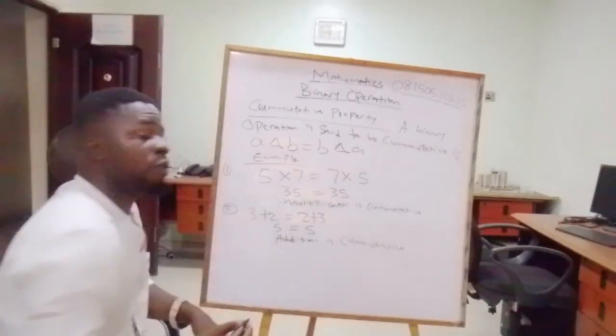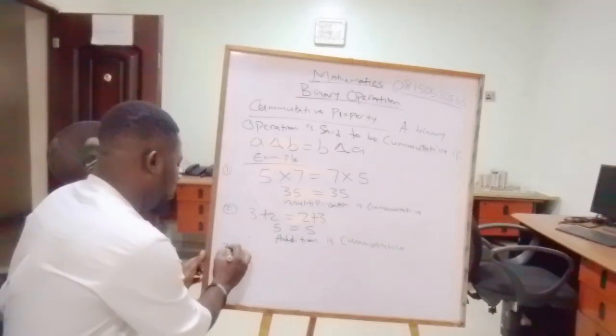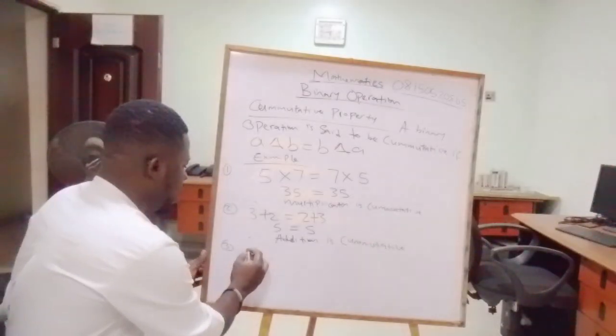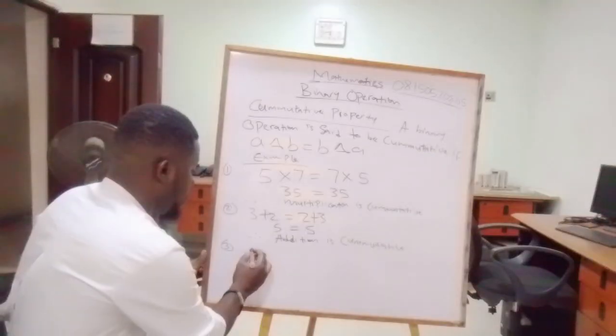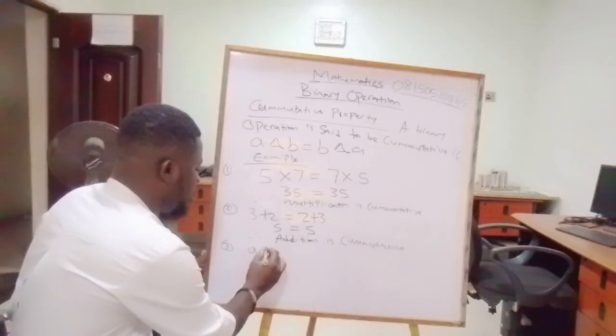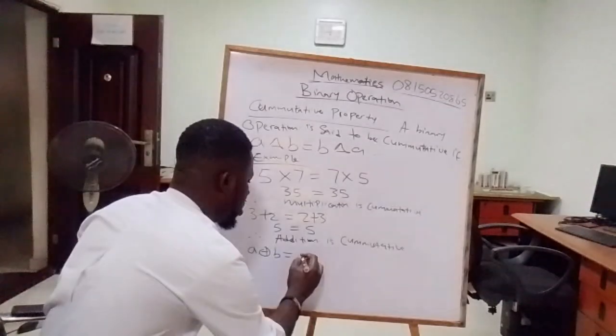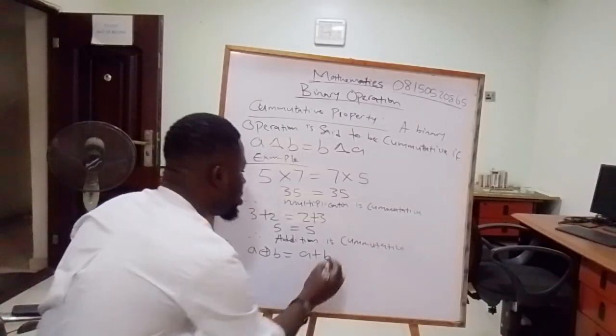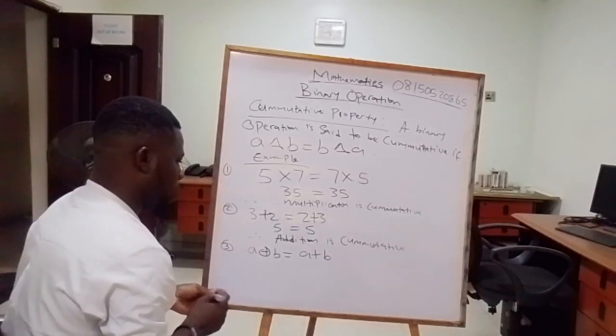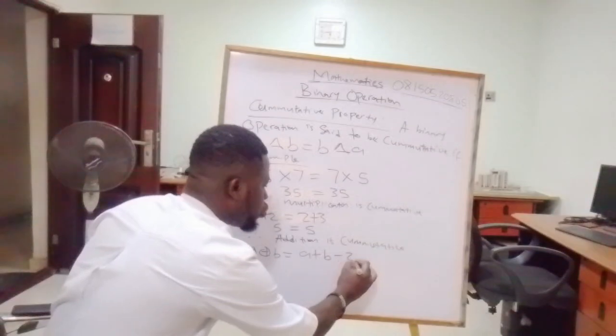So there is no way. If you want to confirm, let's see an example. Let's say you are given A operation B is equal to A plus B minus 2AB.